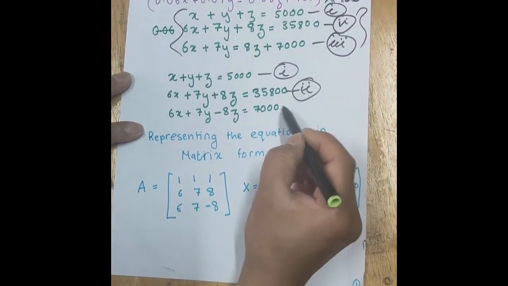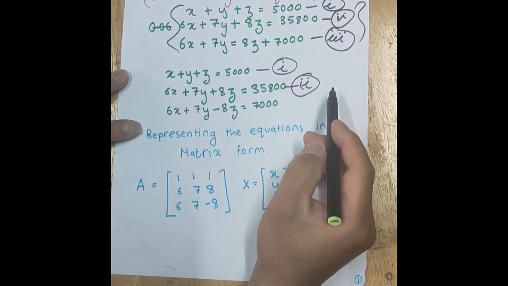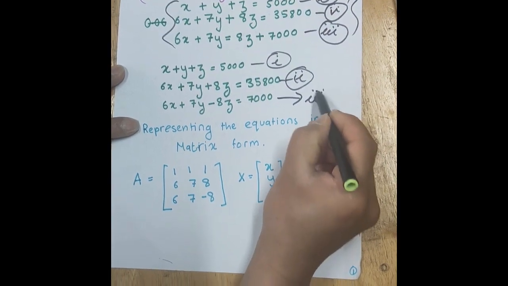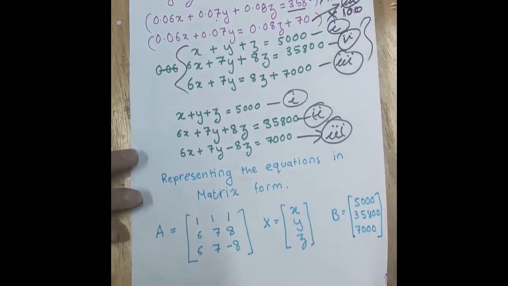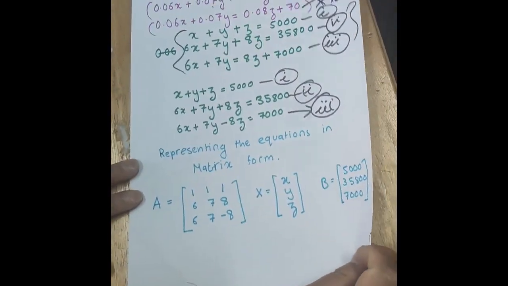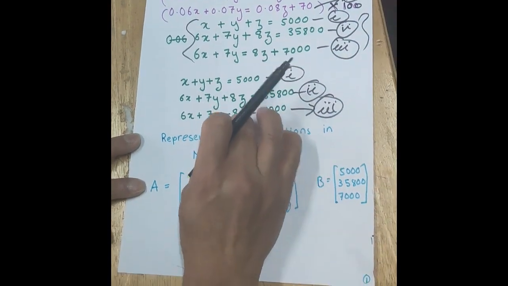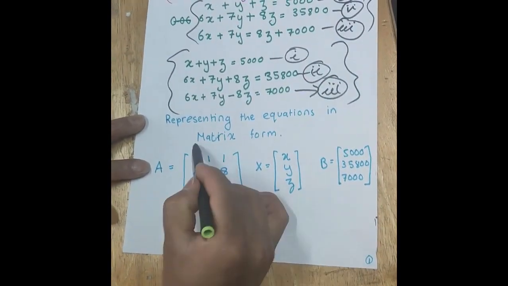So we take the variable z on the left hand side of the equation, and you get our third equation. So our equation formation is complete. Our next task is to transform or represent this given system of linear equations in the form of a matrix.